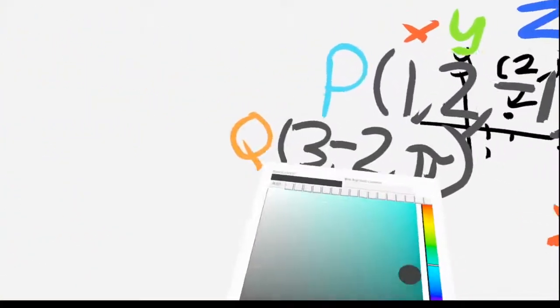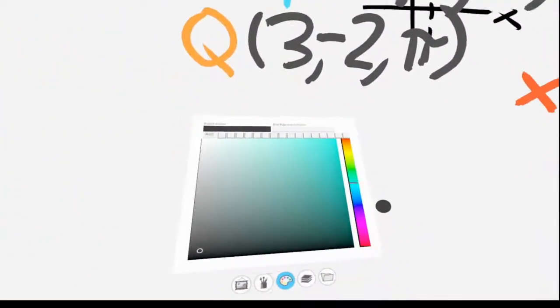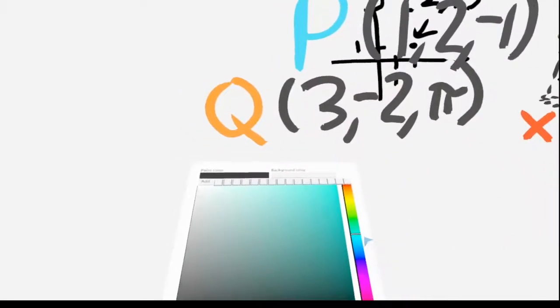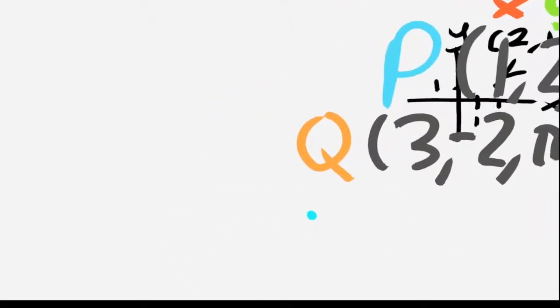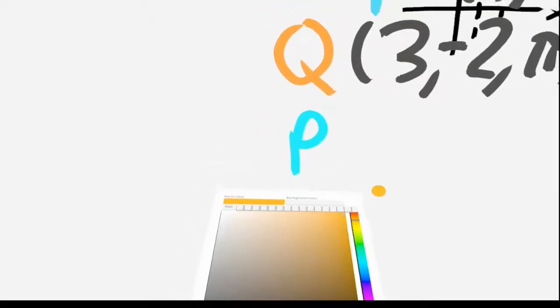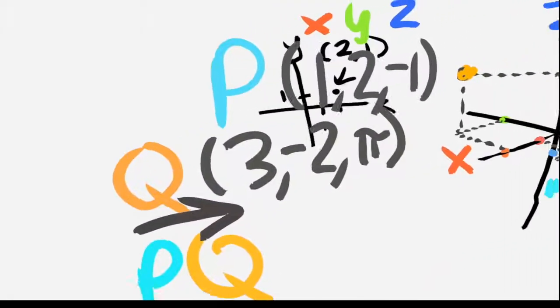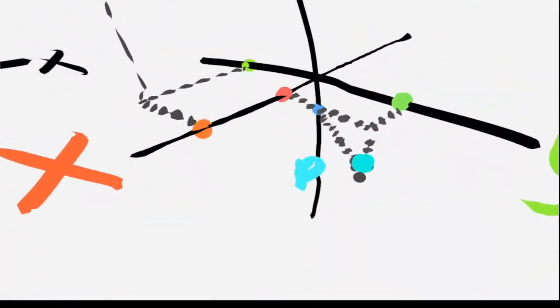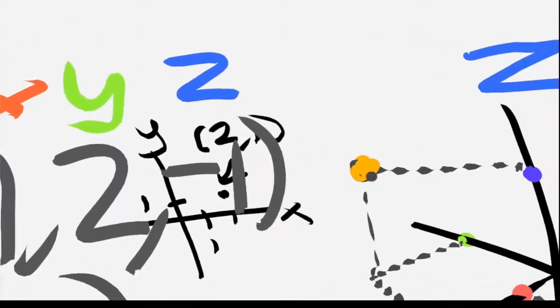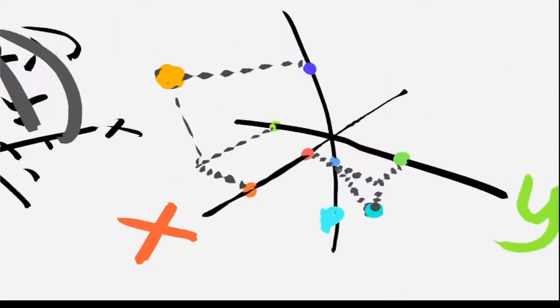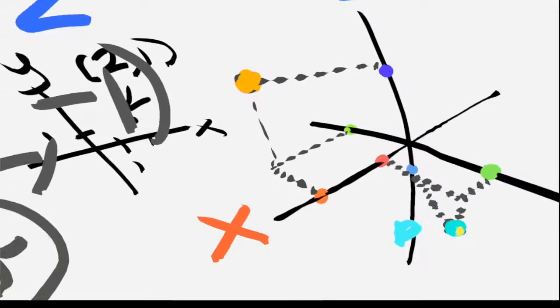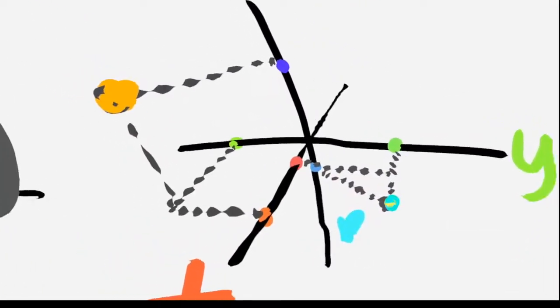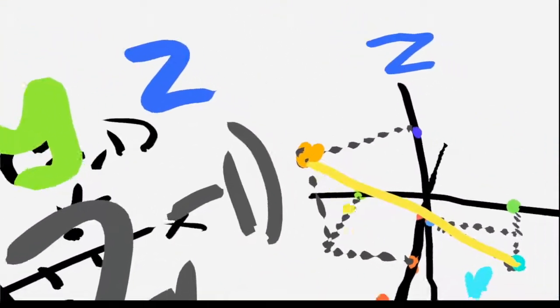So let's try drawing the vector in three-dimensional space. That vector is going to be called PQ. So what we want to do is go from point P to point Q. We're going to draw a yellow line like that.